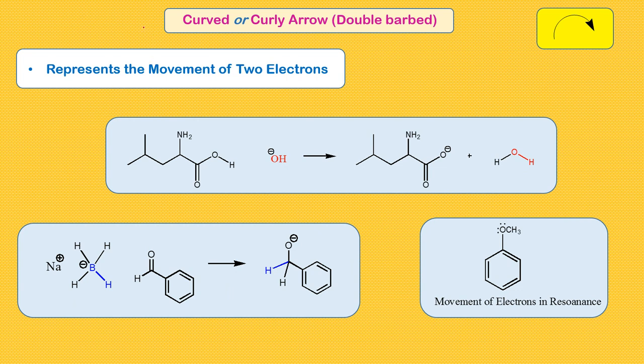The next arrow is very important as far as the reaction mechanism is concerned. Wherever we represent chemical transformations, it is important to understand how the electrons move from one center to another center. For that reason, we also need to understand the concepts of electrophile and nucleophile. The electrophile is the species that is looking for electrons.